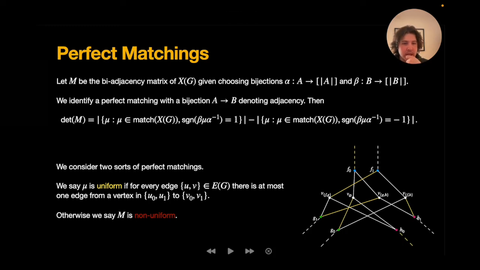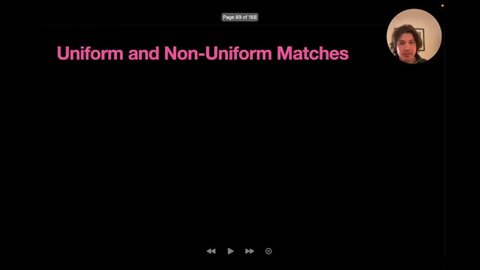Here you can see that for every edge, for every f0, f1, g0, g1, h0, h1, there's only one edge between that and the adjacent gadget that gets chosen in the perfect matching. So this is going to be a uniform perfect matching. And if indeed there were two yellow lines from, say, f0 and f1 away to another gadget, then it would be non-uniform.